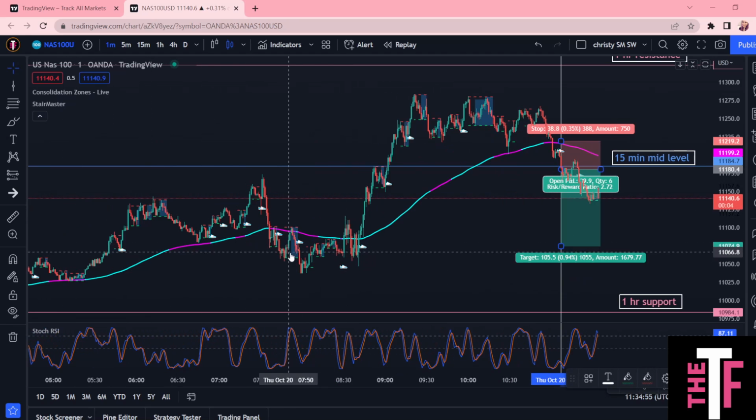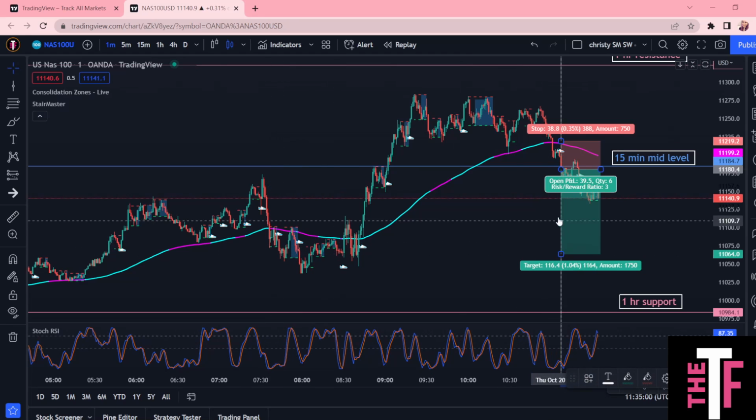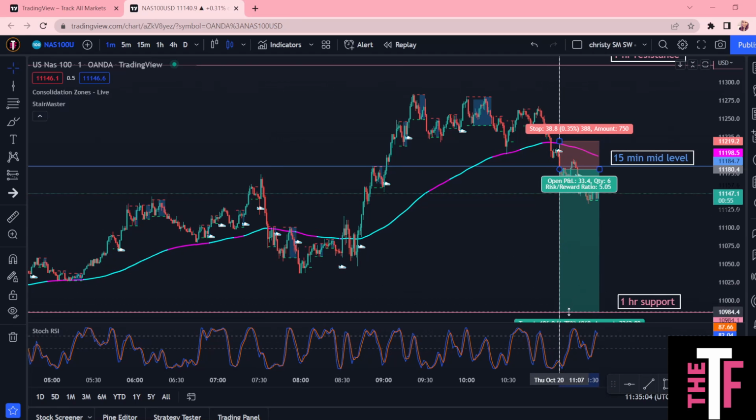There's a nice area in here where all of this price is happening. So that would be a 2. And then you would just trail behind your trade, and the goal would be to hit this 1 hour. And if I could hit the 1 hour, then I'm done, because that's a great reward. So my first trade would go for a 1.5, and then my second trade could potentially be going as far as a 5.